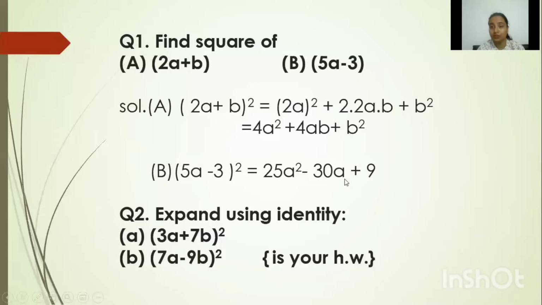I have not solved it because I want you to try this. Along with that, I have given you this homework. Just pause the video and expand these expressions, like (3a plus 7b) whole square and (7a minus 9b) whole square, with the earlier two identities. Okay, please try it right away.